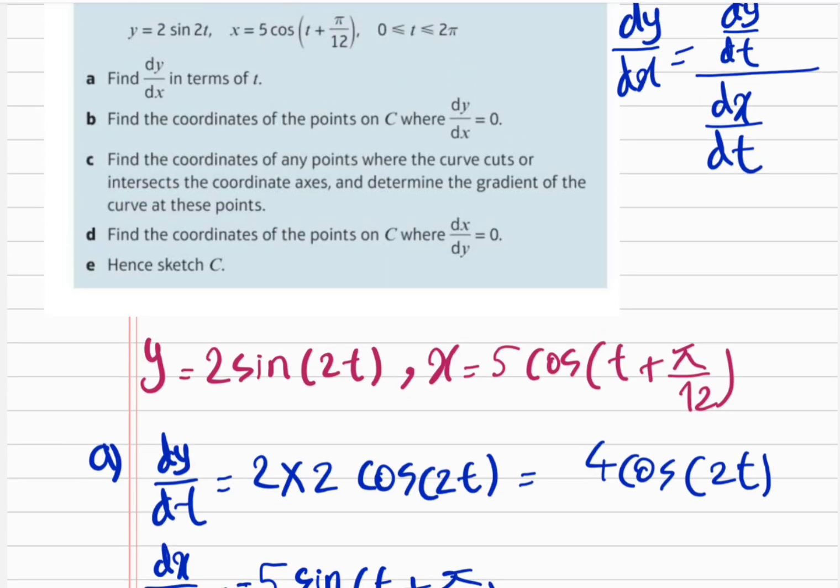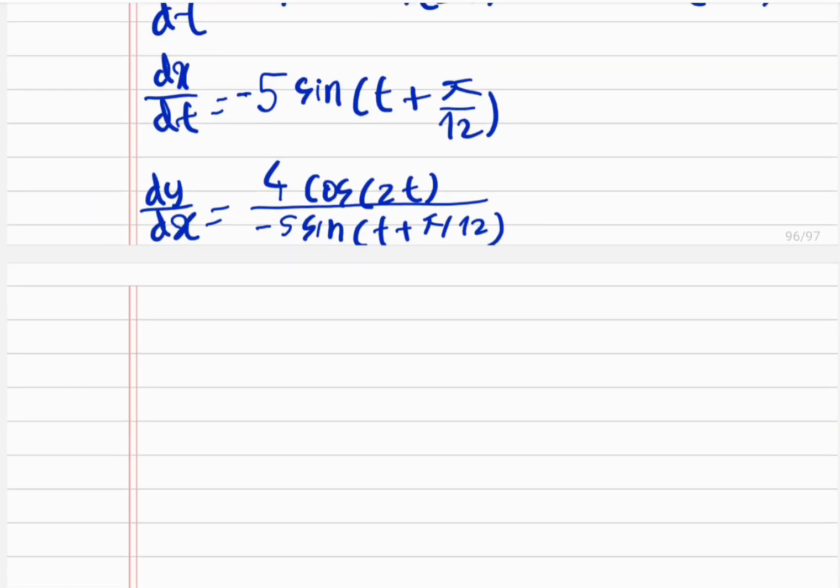For part B, we want to find the coordinates of the points on C where dy by dx is equal to 0. Basically, it's telling us to find the coordinates of the stationary points. In order to find that, we first need to solve the equation dy by dx equals 0.